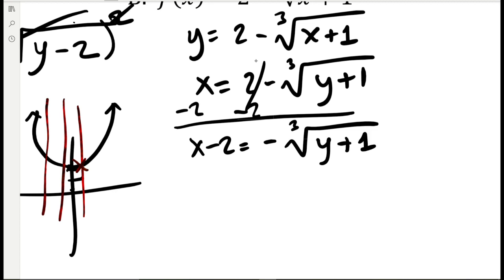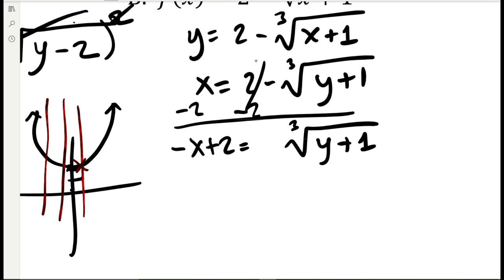Then I'm going to get rid of the negative sign by flipping all the signs on both sides of the equal sign. So this becomes a positive, this is a negative now, and this is a positive. There you go. That negative is now gone because it became a positive.